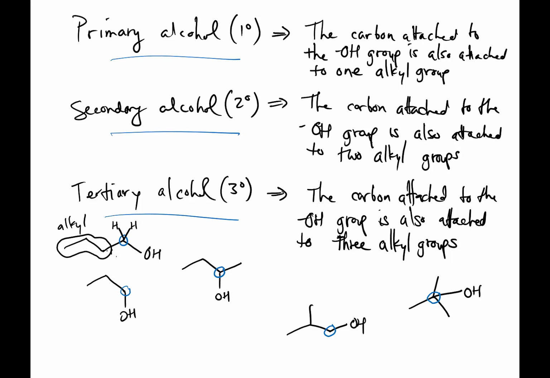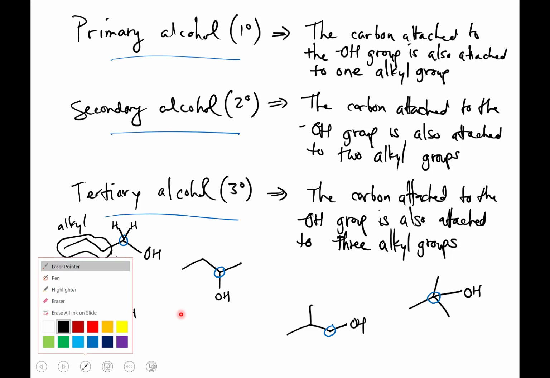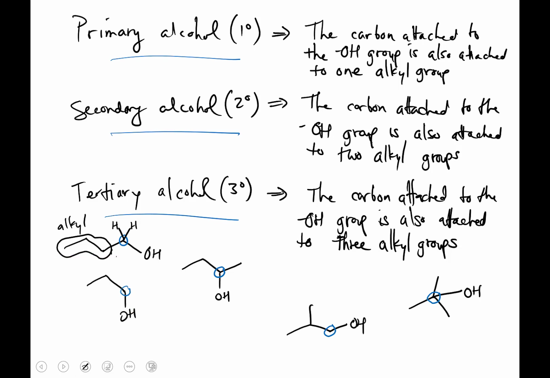And so the fact that it's attached now to one carbon right here, and then two other hydrogens, in addition to the OH group, means there's one alkyl group, right? So you're just looking for a point of attachment that's a carbon, that's an alkyl group. So in any way, we're going to classify this as primary, that first one there, okay?